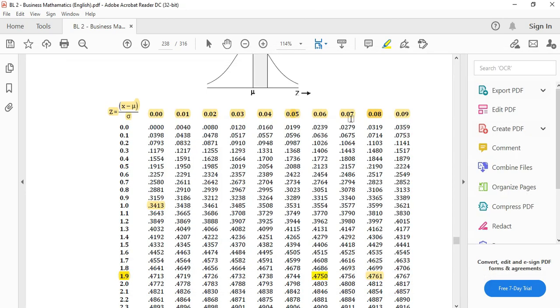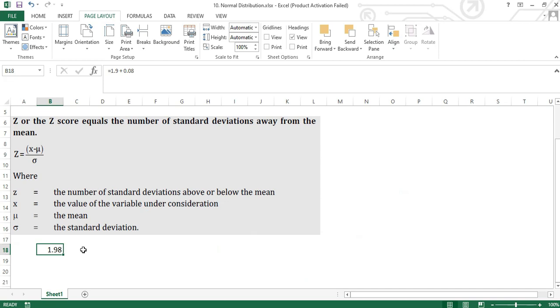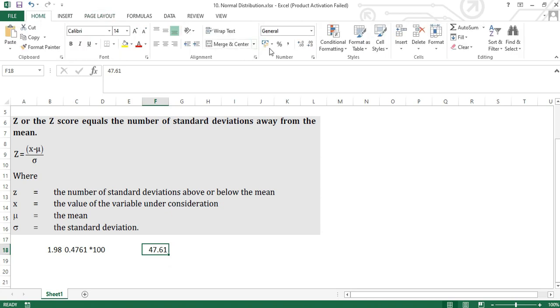Therefore, the answer that we got, 0.4761, if you convert that into a percentage, 0.4761 multiplied by 100%, you will get 47.61 percent, isn't it? Right? So you will get 47.61 percent.